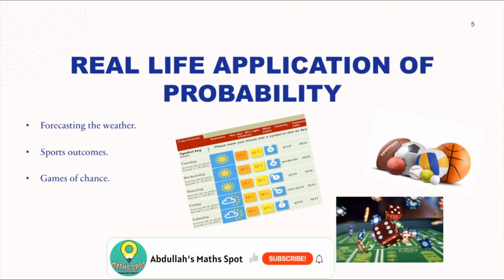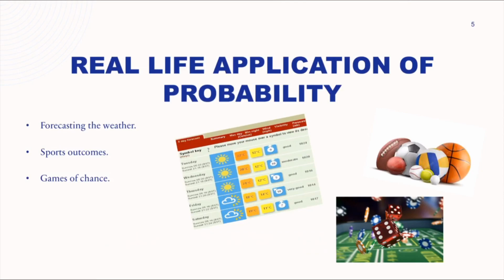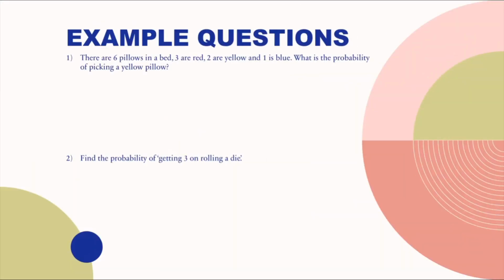Maybe for example a football game, whether there'll be a chance for team A to outplay team B or vice versa. Then there are games of chance. Games of chance such as dice games or card games also have probability in them. Let's move to some example questions so that we will be able to understand the concept more clearly.